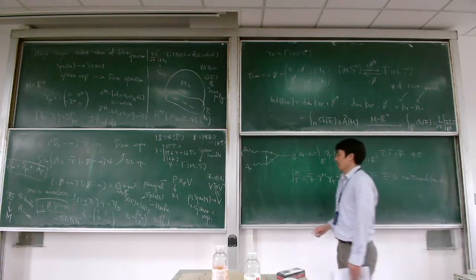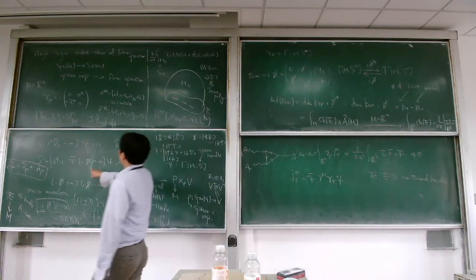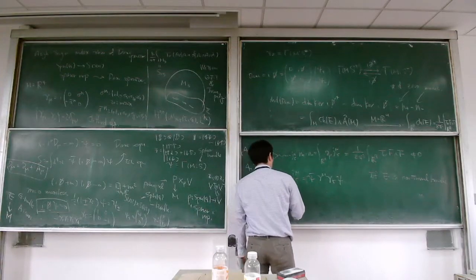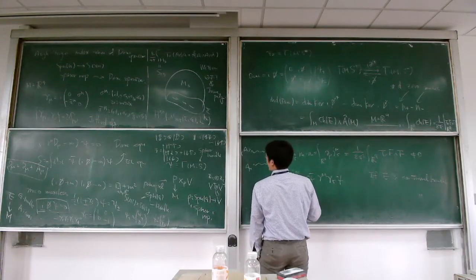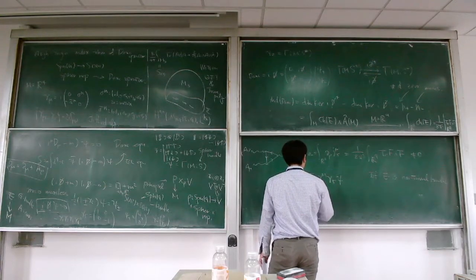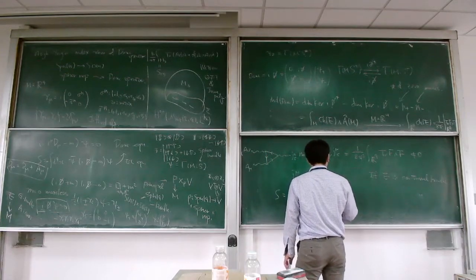So classically, the Dirac action S is given by the integral d4x psi bar i D slash psi.